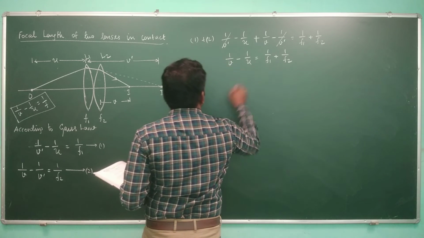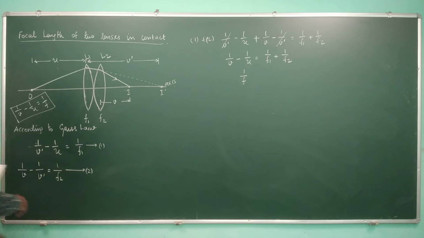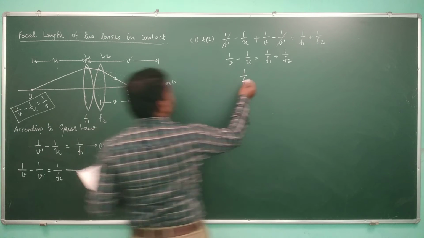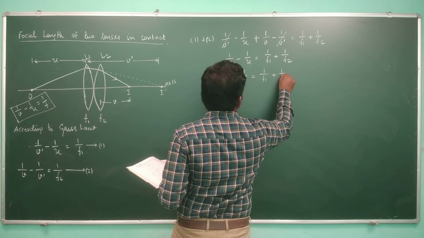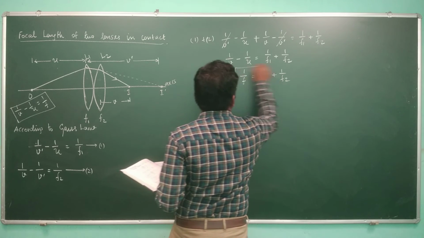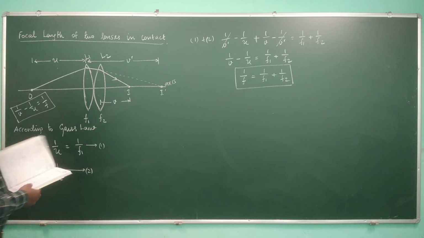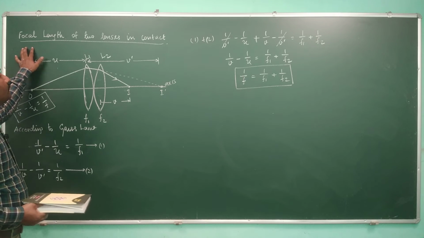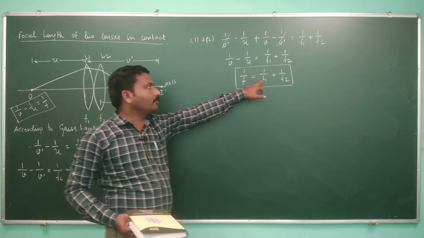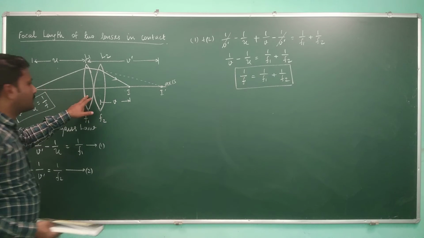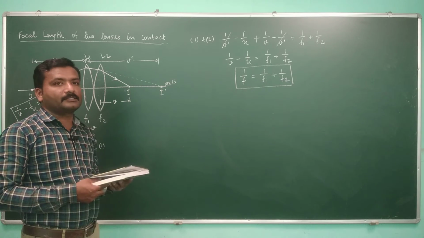And 1 by v minus 1 by u is again 1 by f. So 1 by f is equal to 1 by f1 plus 1 by f2. Here f is the equivalent focal length of the two lenses in contact, while f1 is the focal length of the first lens and f2 is the focal length of the second lens.